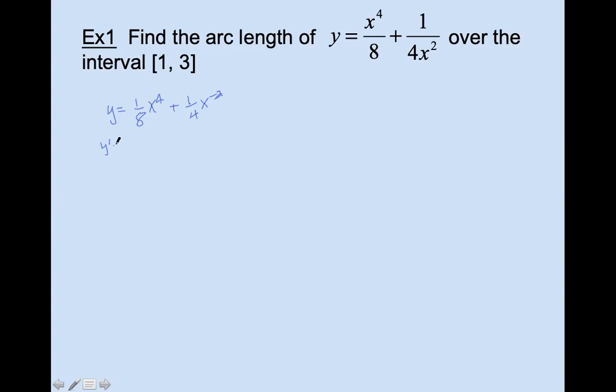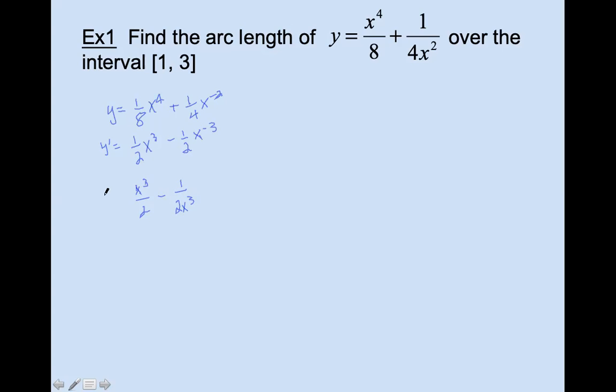So y prime is 1/2 x cubed, and this would turn into -1/2 x to the -3. All right, so I'm going to rewrite those. I'll write it as x cubed over 2 minus 1 over 2x cubed.